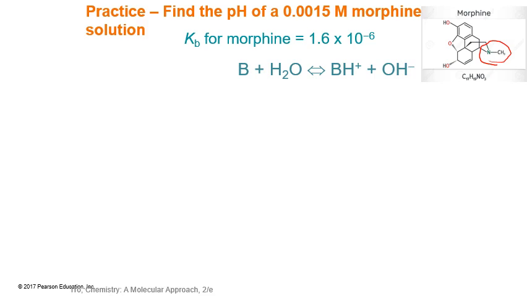Okay, so we're going to set up our ICE table. We know our base concentration, 0 and 0, minus X is our change for the reactants, plus X for our products.